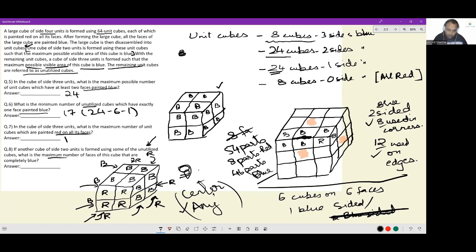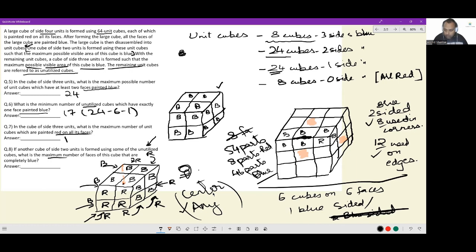Similarly, on that bottom corner, the one that is not visible, let's say it will be here somewhere, when this comes down and everything. At that corner also, I'll put down a cube which has one face painted blue.